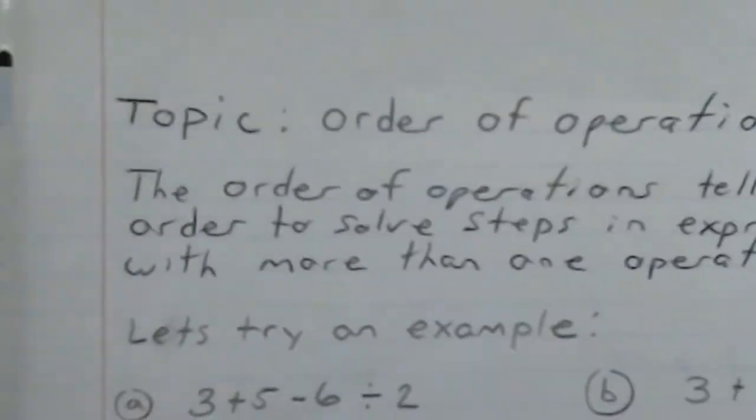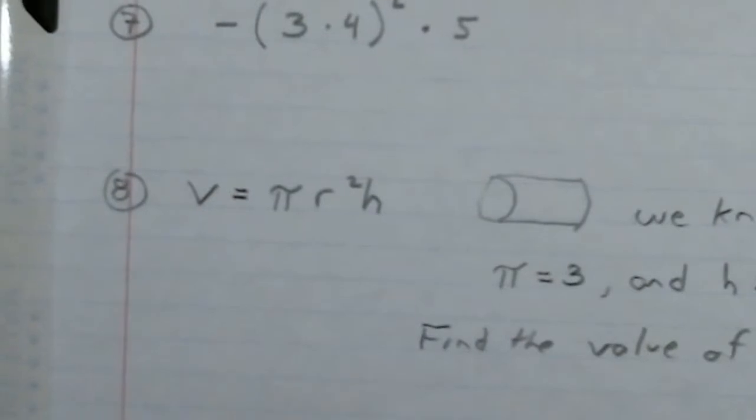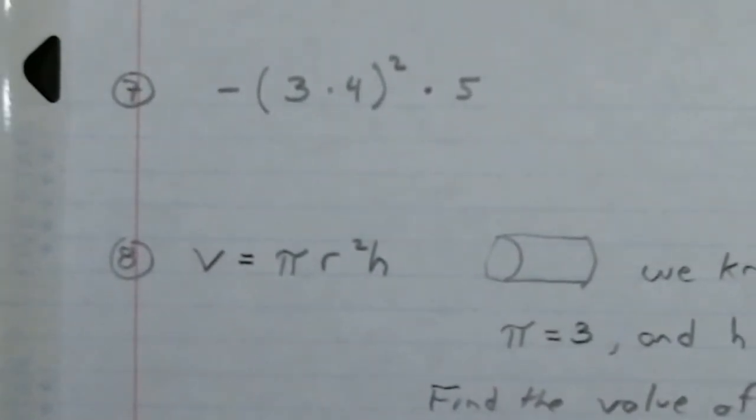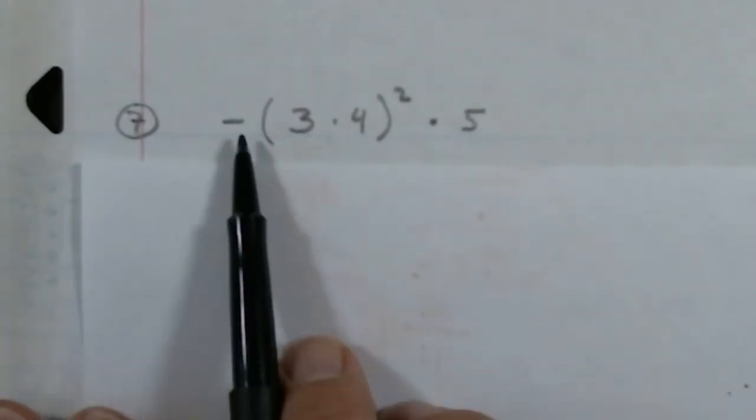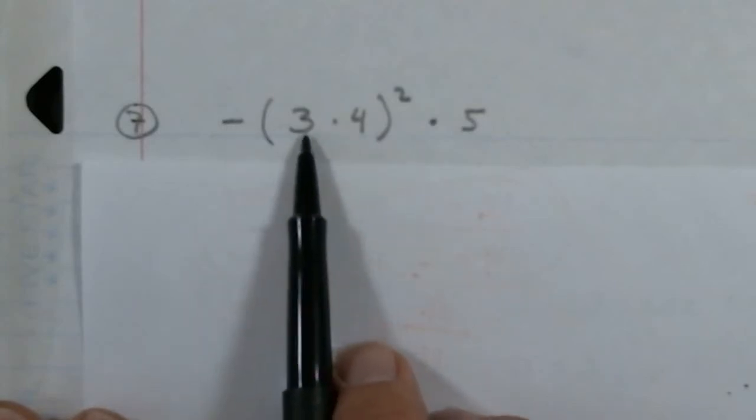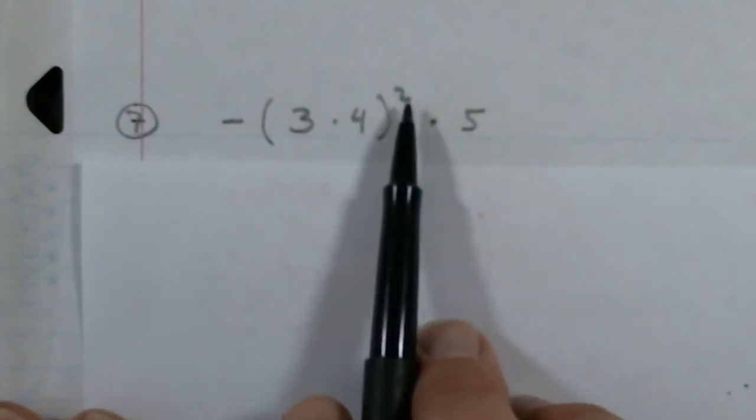There's a lot on this topic because this topic's pretty big. So let's do some more. The more that you do, the better you're going to get. All right, so this one here: minus 3 times 4 squared times 5.